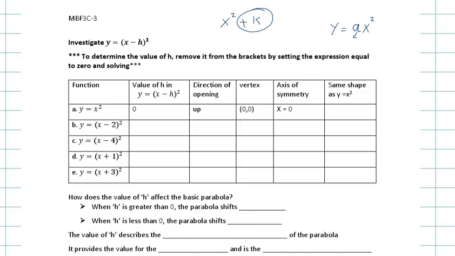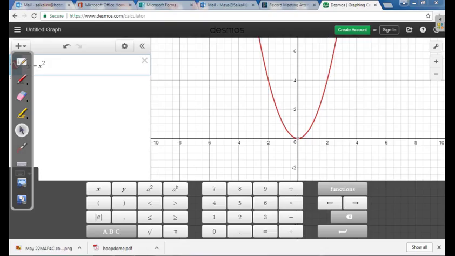Now let's look at the graph of x minus 2 all squared. So compare the two graphs for me. They look the same, but one is two to the right and one's in the center.